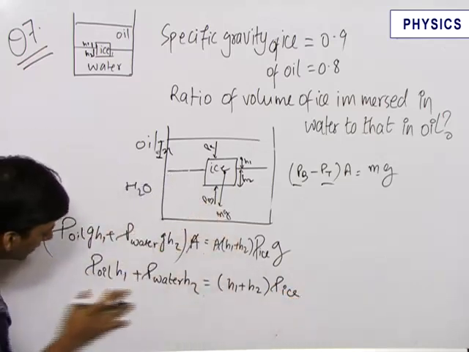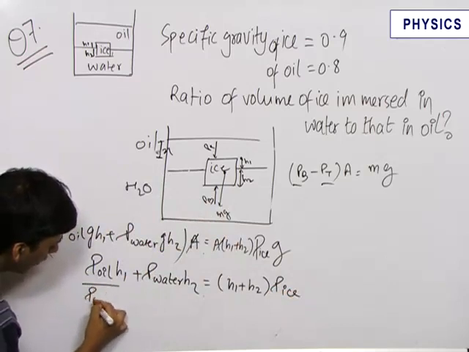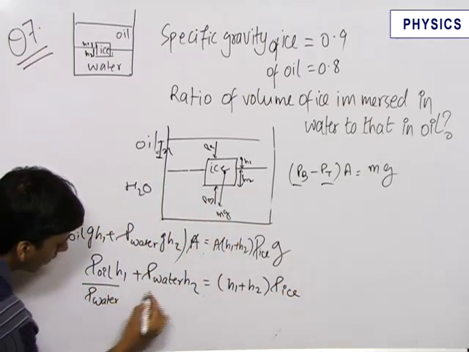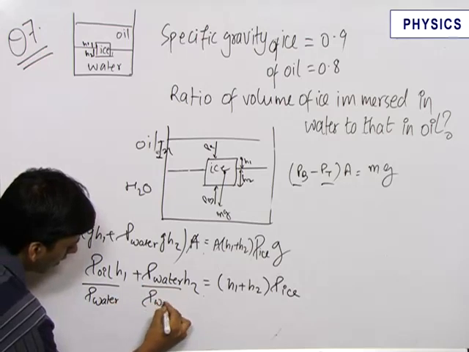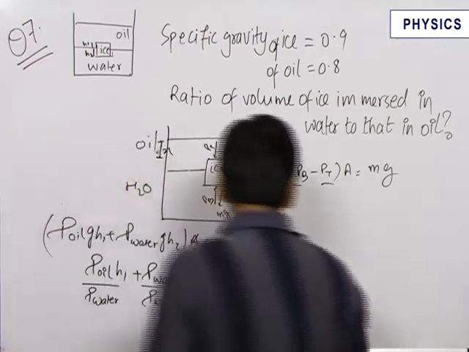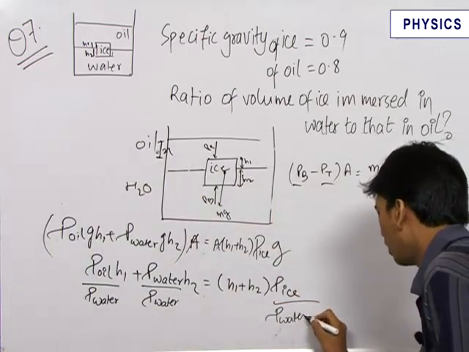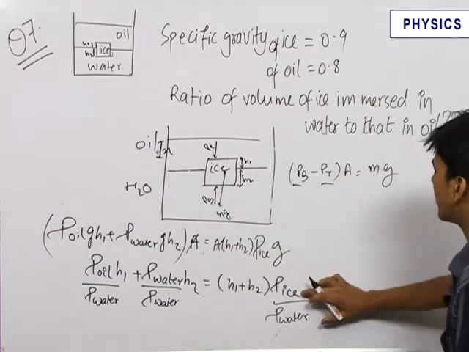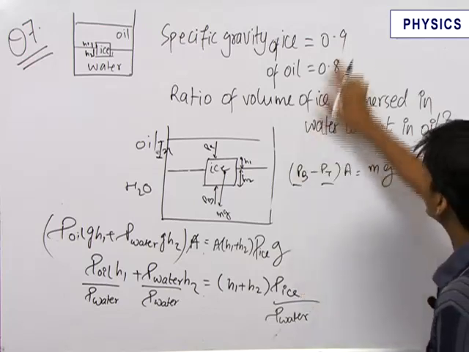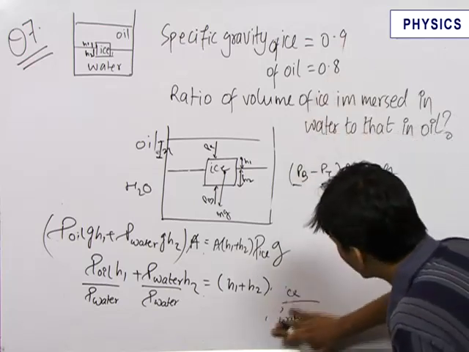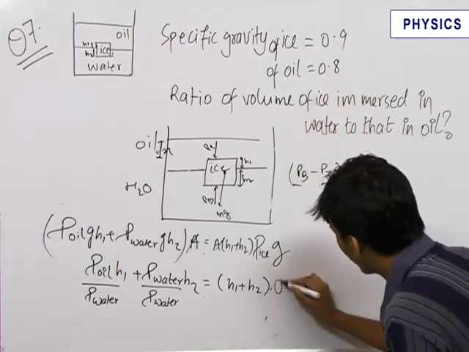Now let us divide both sides by rho of water. Rho ice upon rho water is the specific gravity of ice, given to be 0.9, so we replace this by 0.9.